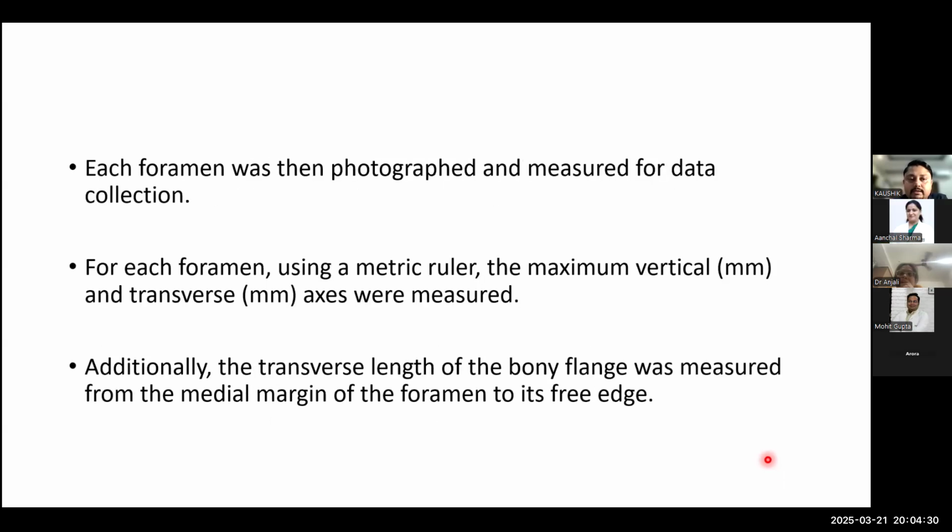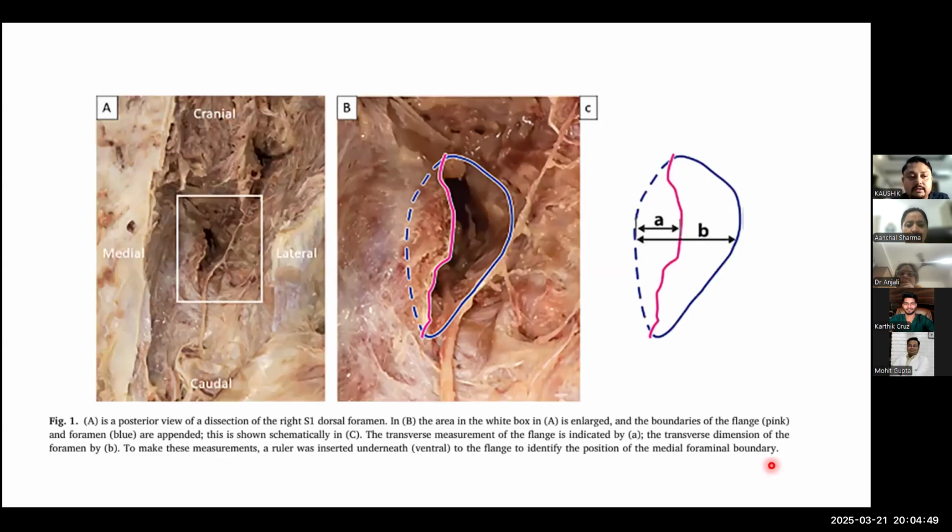Then each foramen was photographed and measured using a metric ruler, and the maximum vertical and transverse axes were measured in millimeters. In addition to that, the transverse length of the bony flange was measured from the medial margin of the foramen to its free edge. As we can see from this image, this is a posterior view of dissection of the right S1 dorsal foramen.